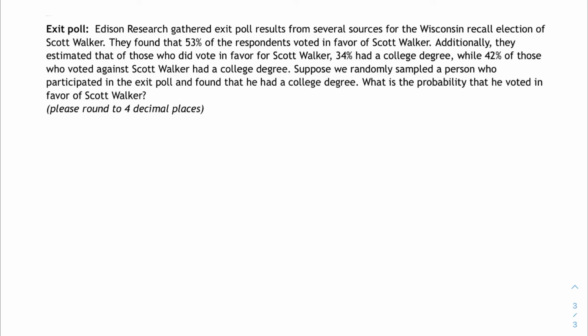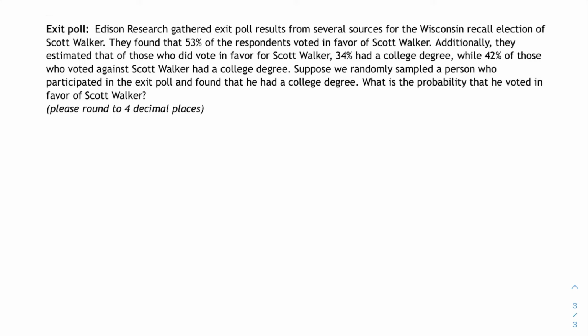It says, additionally, they estimated that of those who voted in favor of Scott Walker, 34% had college degrees. So that's the probability of having a college degree given that we already know you voted for Scott Walker. While 42% of those who voted against Scott Walker had college degrees. That's the probability of having a college degree given that you voted against Scott Walker.